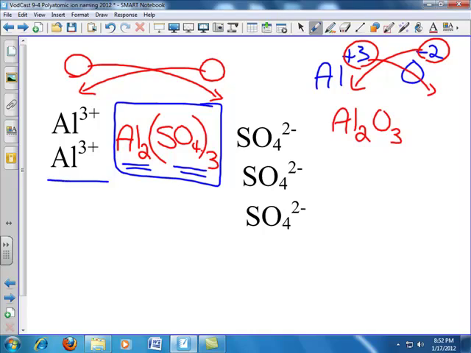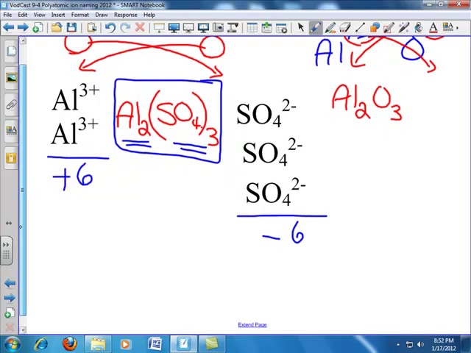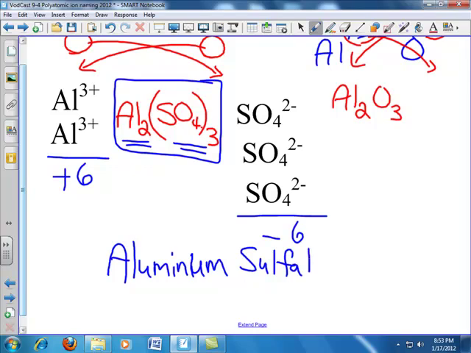And this charge here is +6, and this charge is -6. Now, how would I name that? Well, aluminum is just aluminum. And SO4 is sulfate. So the name is aluminum sulfate.